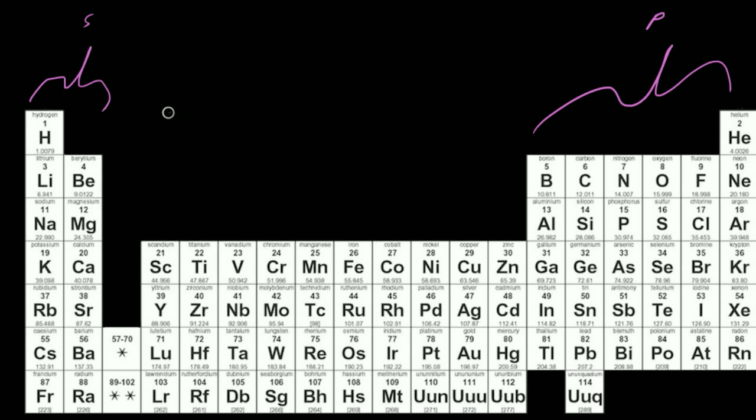When we get into the D block, talking about valence electrons gets a little bit more complicated. We will definitely tackle that, but we are going to concentrate on the S and P blocks before we get into the D block.